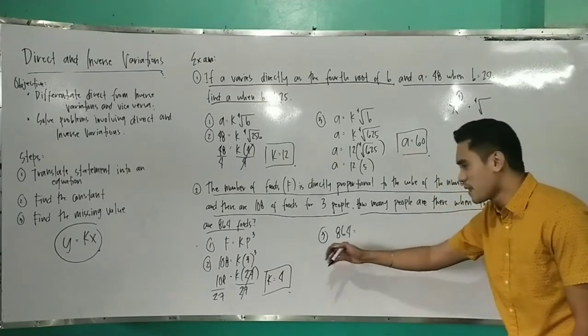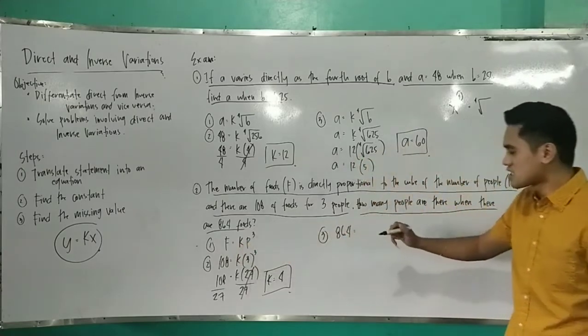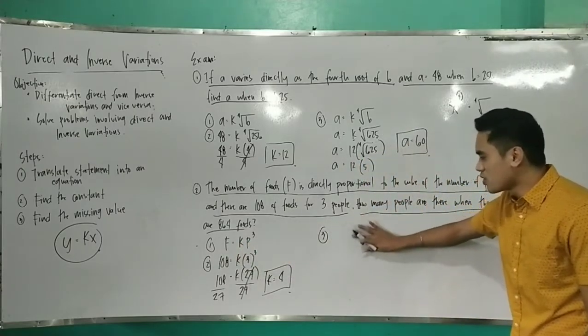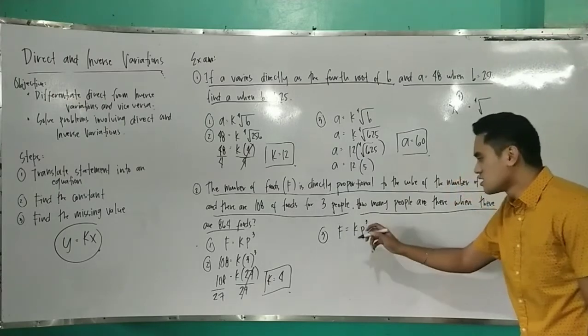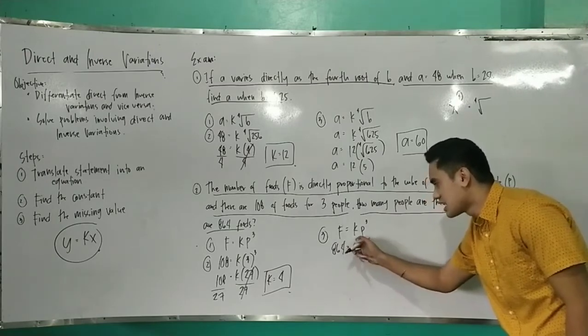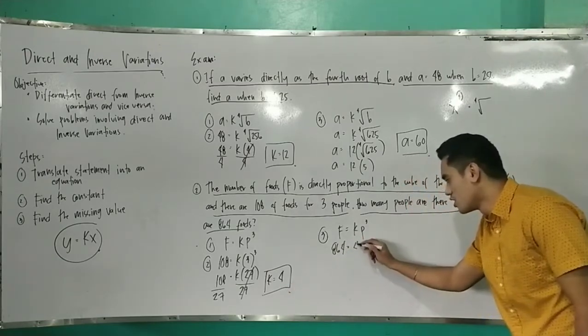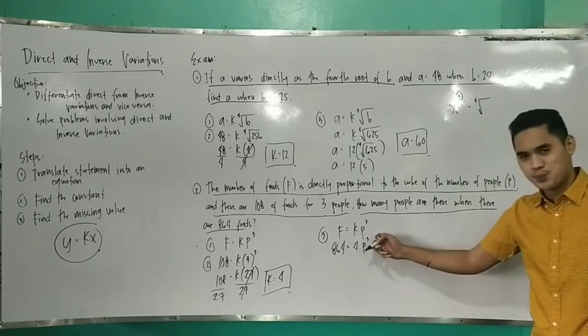Ayan. Then, ito yung equation natin. So, isusulat ko muna yung equation natin para di tayo malito. Ayan. So, for the last one, meron tayong 864 na foods. Then, yung K natin ay 4. So, ang hinahanap natin ay P. Tandaan na, meron yung P.